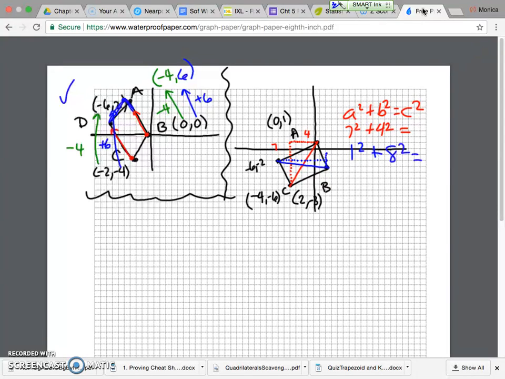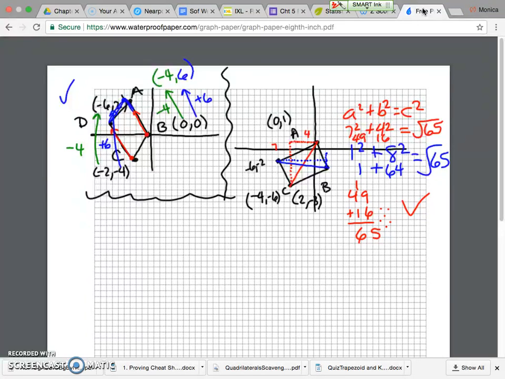All right, let's see. 7 squared is 49. This is 16. So 49 plus 16 is 65. It's very close. And over here, this is 1 plus 64, which is also 65. So this would be the square root of 65. Actually, these are congruent. For a second there, I thought they weren't going to be, but they sure are. The square root of 65 and the square root of 65. So check. They are congruent.